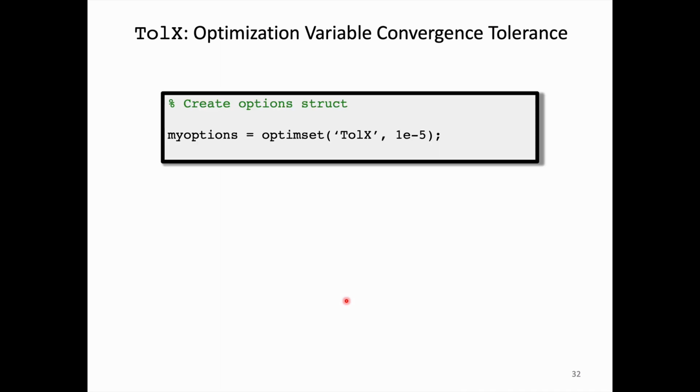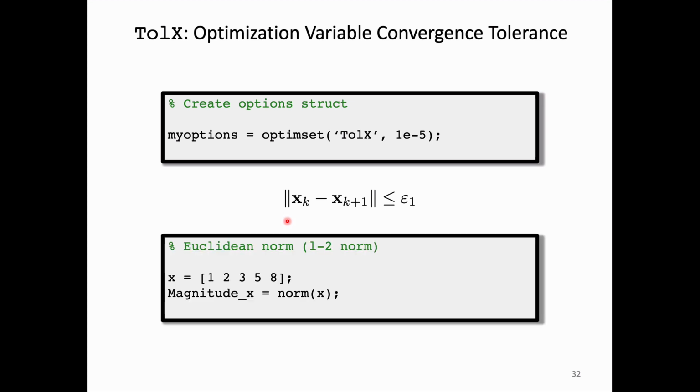TolX allows us to specify the optimization variable convergence tolerance, and it uses this same format. We can change what the TolX value is in the options struct, and just as a reminder, it corresponds to this value of epsilon1 that we looked at a few minutes ago.